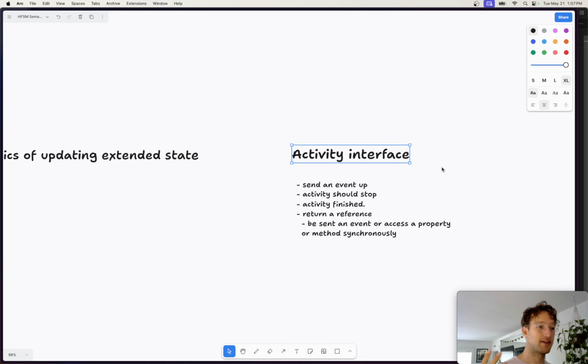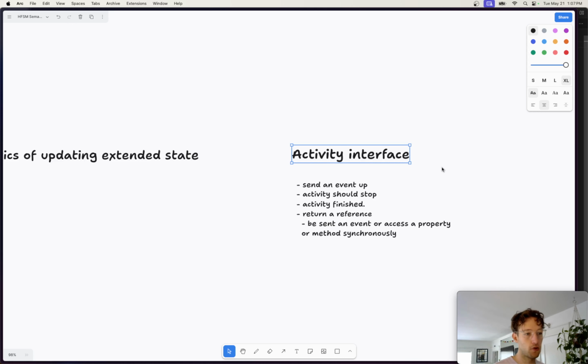It's what I'm calling our activity interface, which is an activity can do four things. It can send an event up to the state chart that created it. An activity is told when it should be stopped. An activity can say it's finished, and it can return a reference to itself, right?